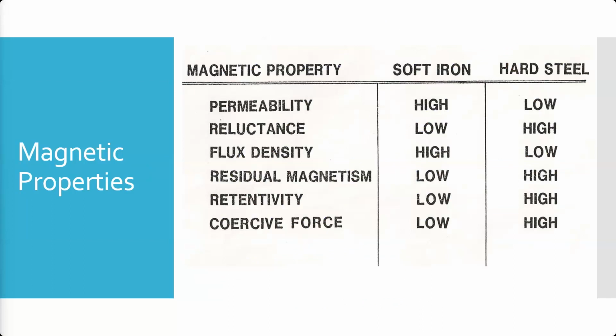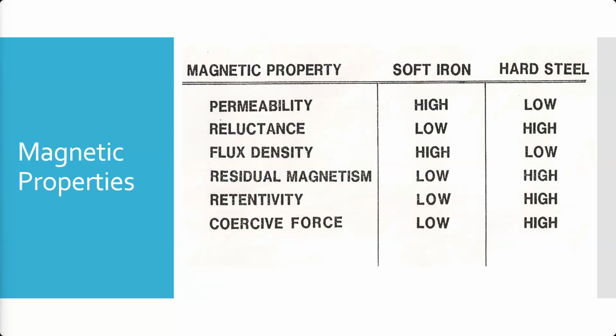What's permeability mean? Easy to magnetize. Soft iron is easy. What does reluctance mean? It has low reluctance. Resistance to magnetism. So it's easy to magnetize, has low resistance. It creates a very strong magnetic field, high flux density.